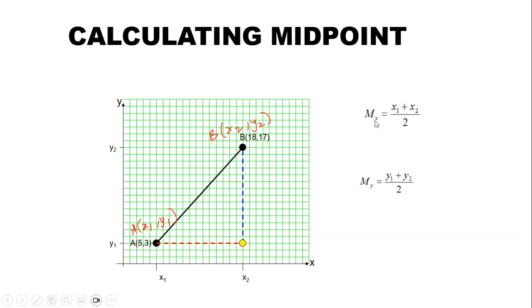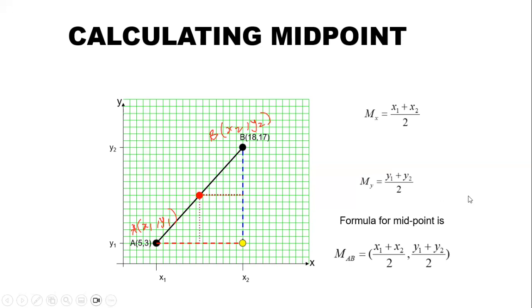So Mx means the x coordinate of the midpoint, and we obtain this by adding the x coordinates of the 2 points, so x1 plus x2 over 2. And to obtain the y coordinate of the midpoint, we find the average of the y coordinates of the 2 points, so y1 plus y2 divided by 2.